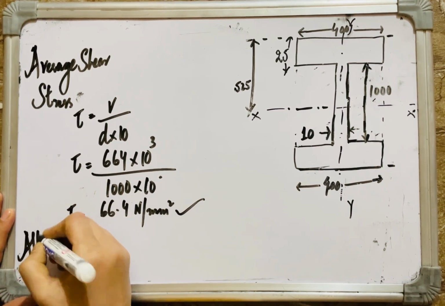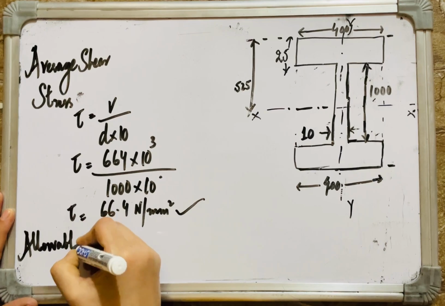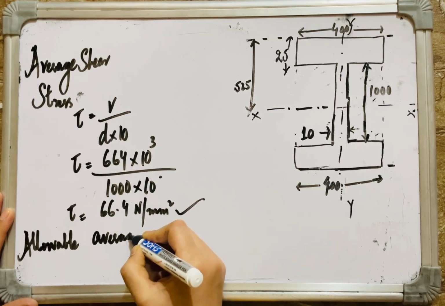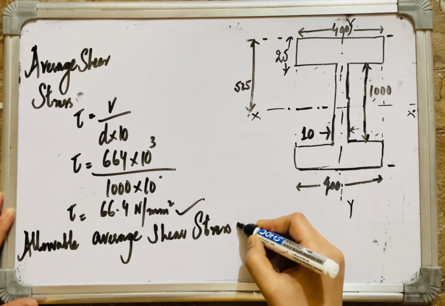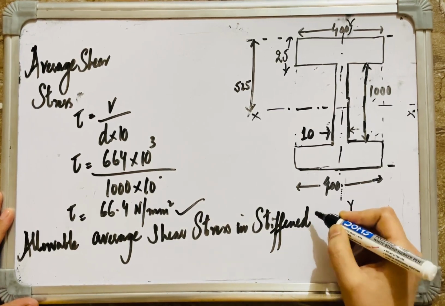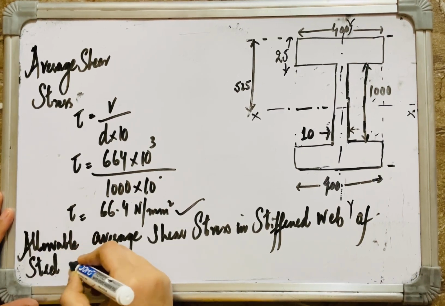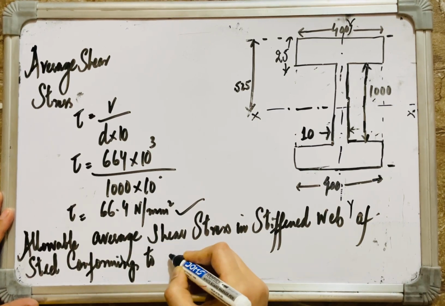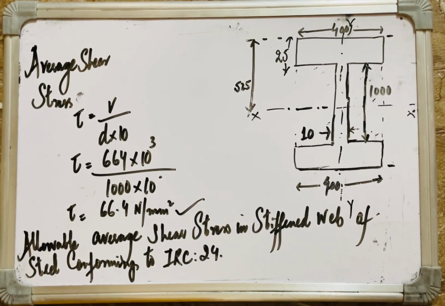I have to check it from the table which gives the allowable average shear stress in stiffened web of steel conforming to IRC 24.